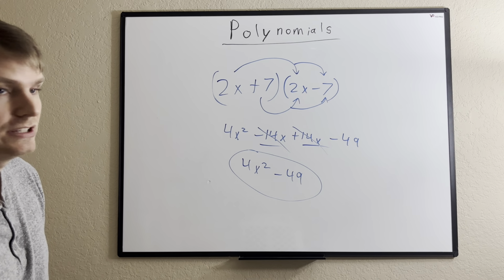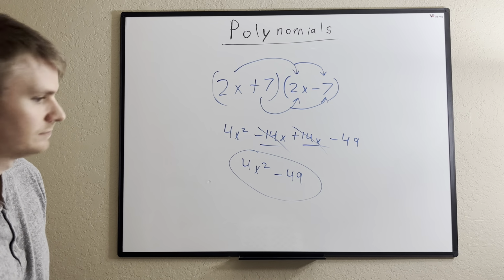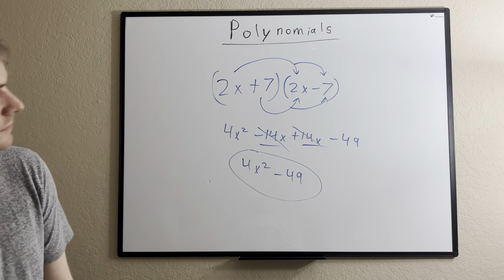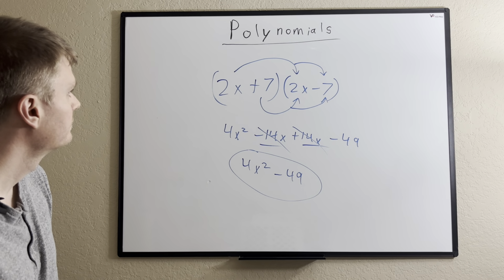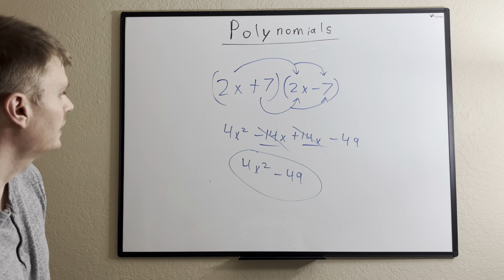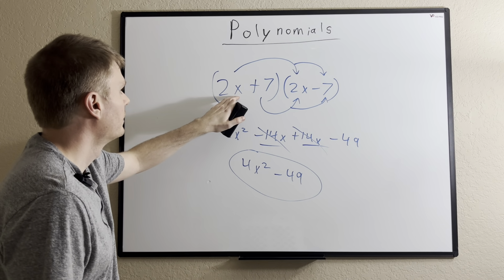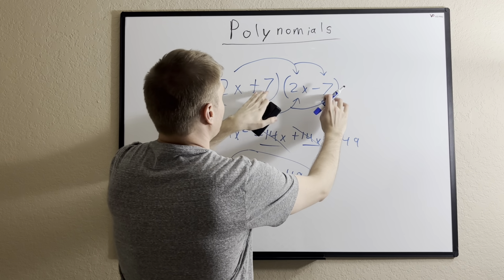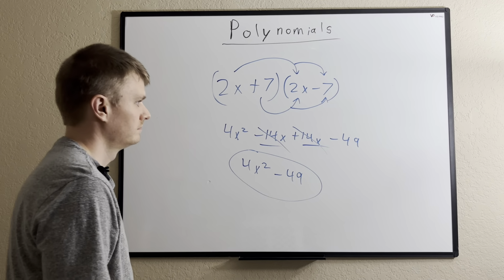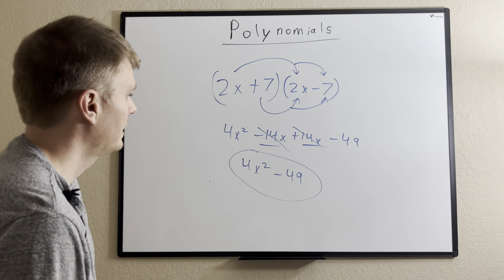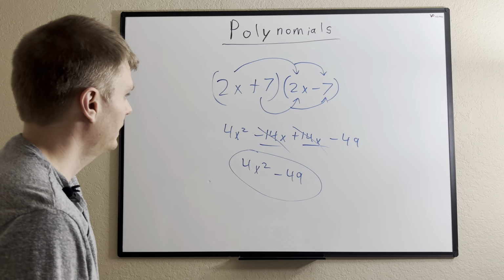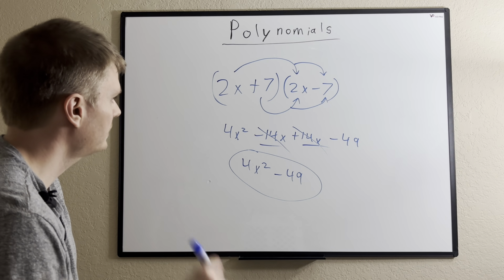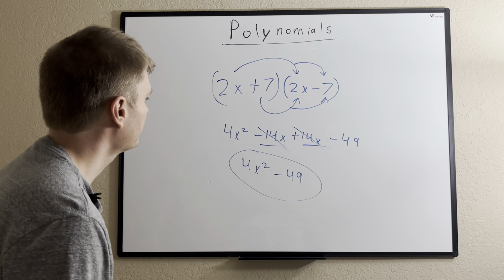So they have a shortcut for this too. They just say to multiply these two terms together and multiply those two terms together. But I'd rather FOIL everything out just to make sure I got it right, you know.